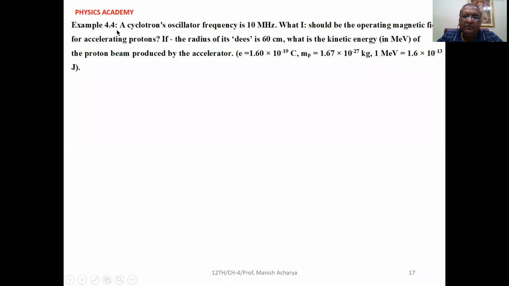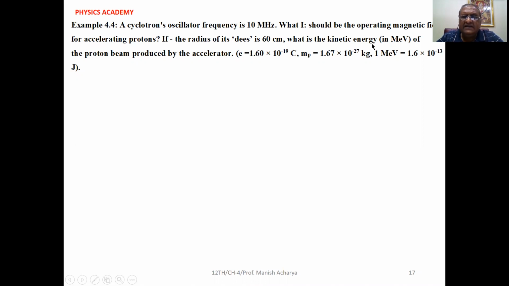Example 4.4. A cyclotron's oscillator frequency is 10 megahertz. What should be the operating magnetic field for accelerating protons if the radius of its dees is 60 centimeter?